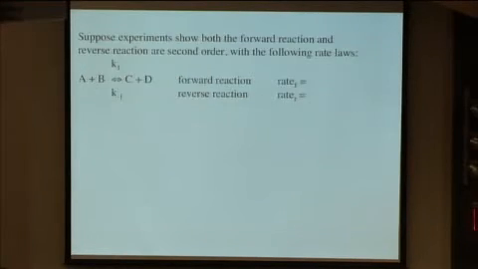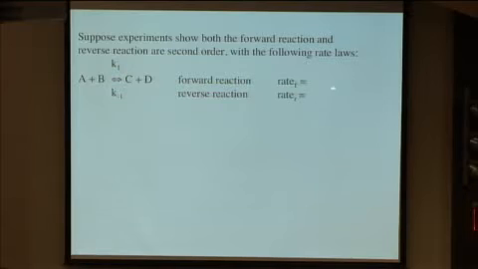Now, we can also think about this reaction in terms of little rate constants. So we have small letter k1 on top and small letter k minus 1 on the bottom.